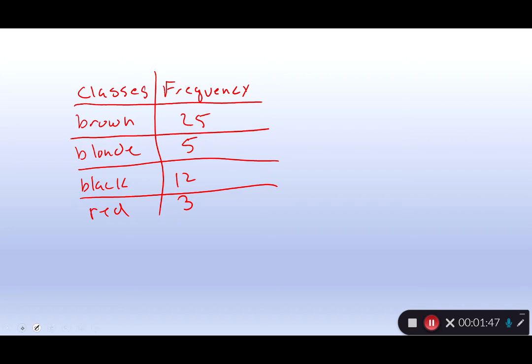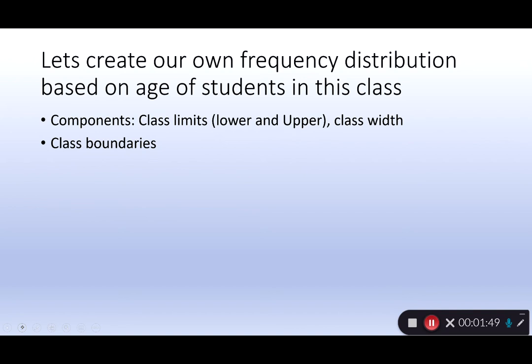All right, so let's start talking about some of the components of a frequency distribution. The first is the lower class limit. Now, not all times will your data be qualitative. Sometimes it'll be quantitative. Let's, for example, take the example of ages in our class.